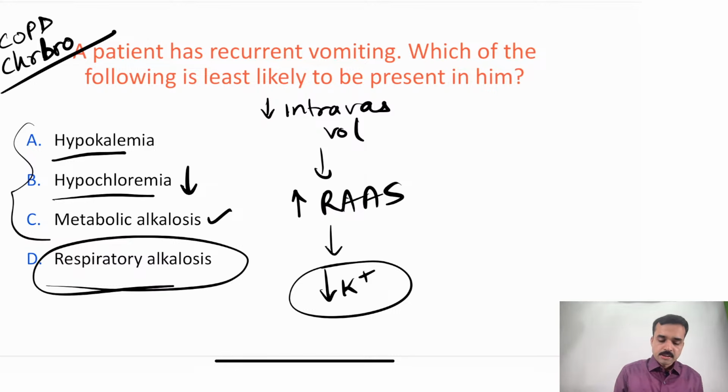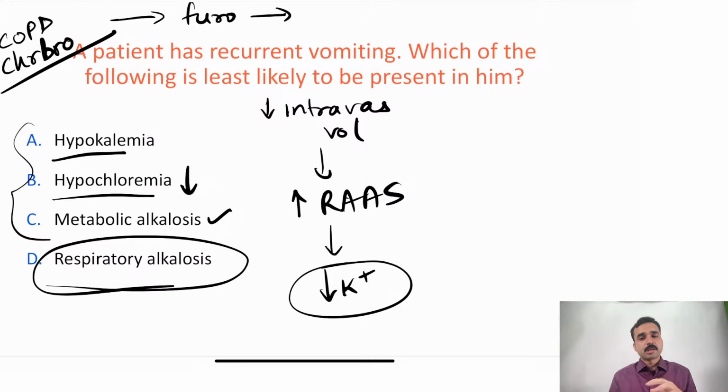Because of that, you gave them diuretics. You gave them furosemide. And you all know that furosemide can also lead to metabolic alkalosis, right? The same pathway: it will produce diuresis, reduce intravascular volume, produce RAS activation and secondary hyperaldosteronism, and lead to metabolic alkalosis. As a result of the metabolic alkalosis, there is a compensatory respiratory acidosis, so the breathing slows down.